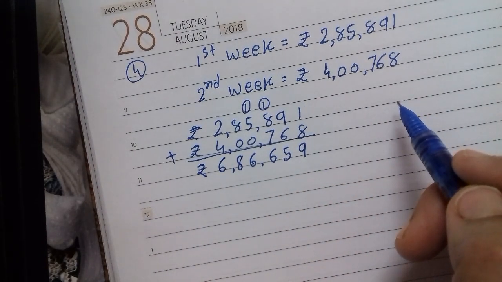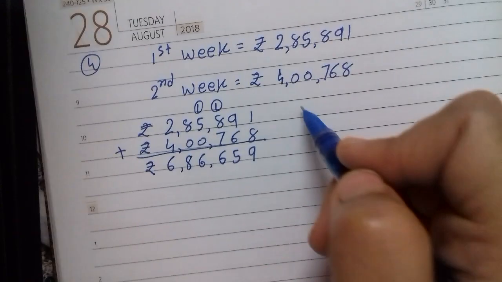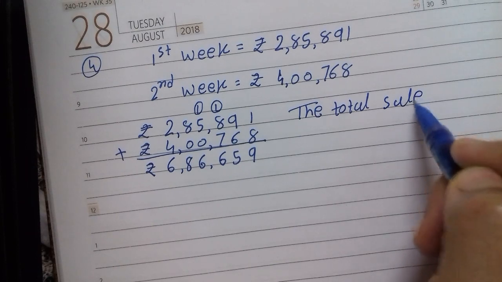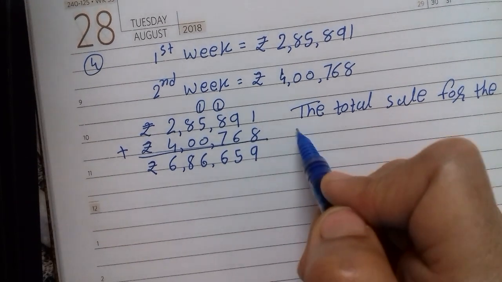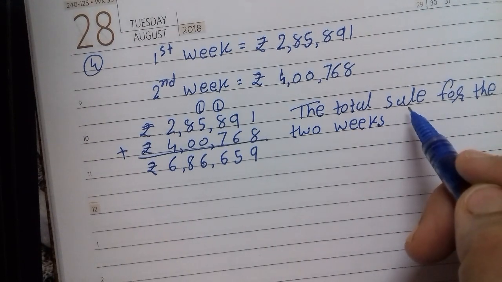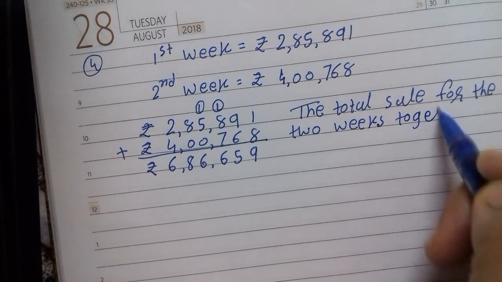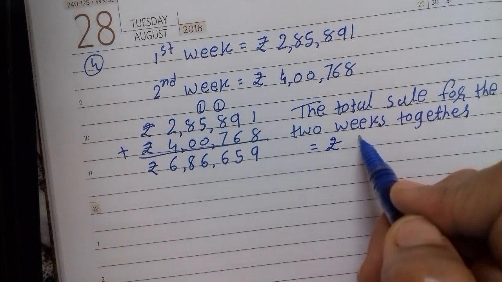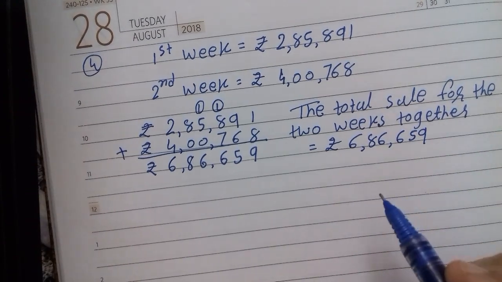So, the total sale for the 2 weeks together is equal to rupees 6,86,659.